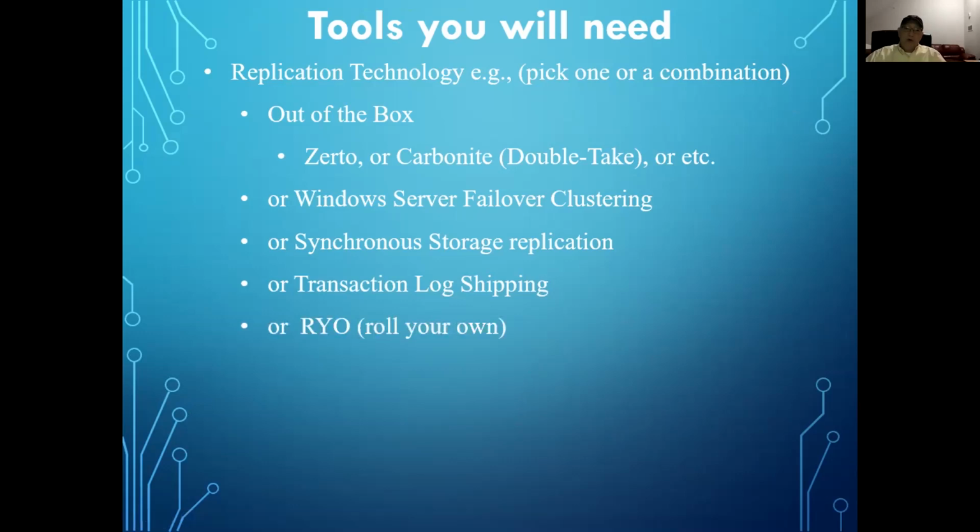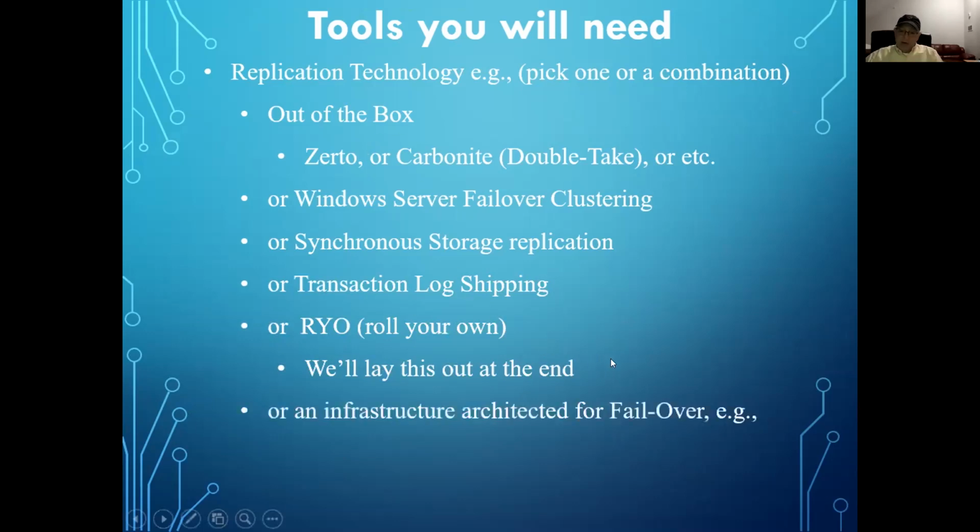Or you can roll your own back end, and I'm actually going to give us a little recipe for how you can roll your own replication technology without a lot of this other heavy lifting, the Windows Server stuff.